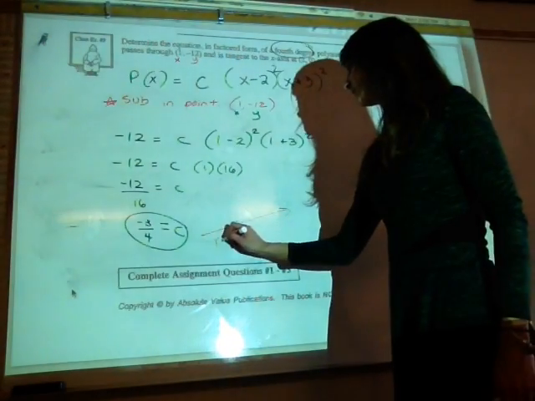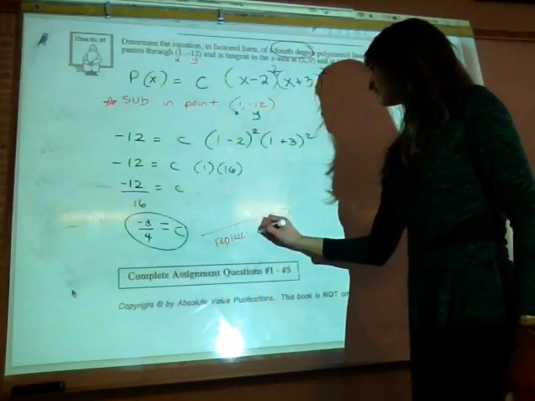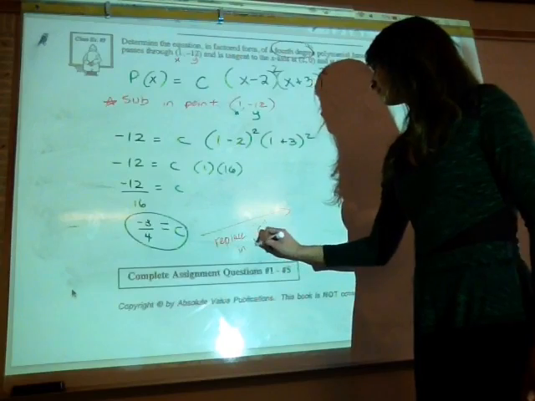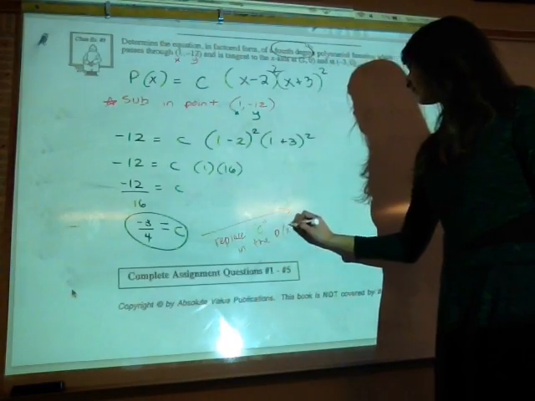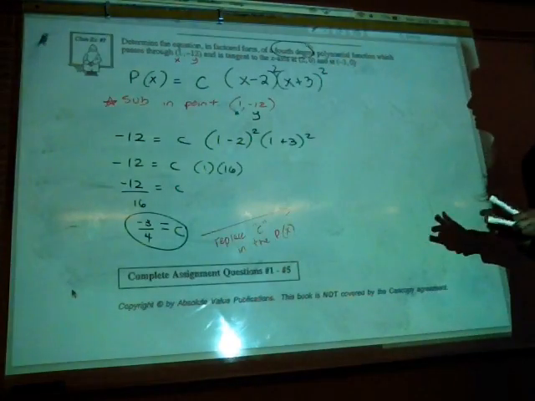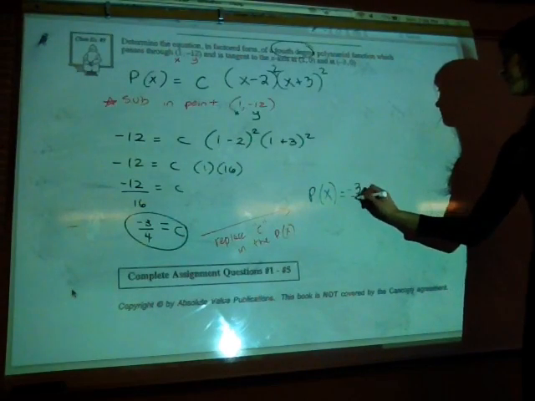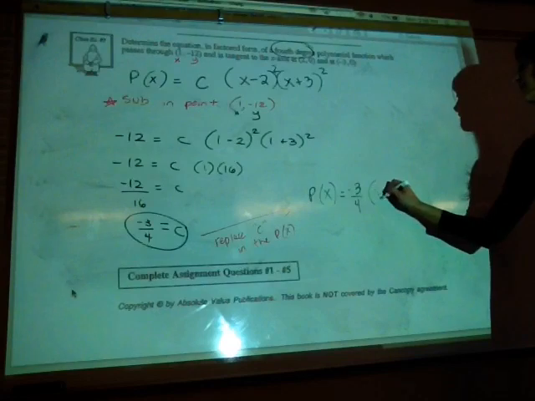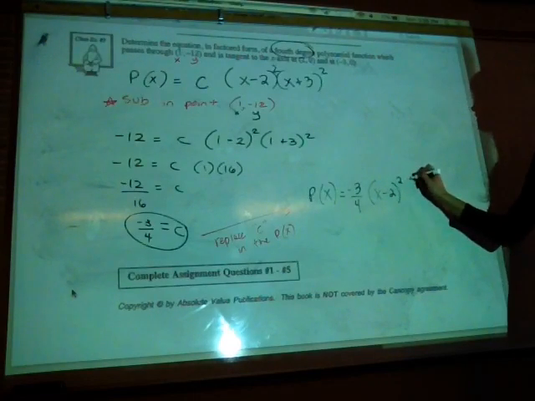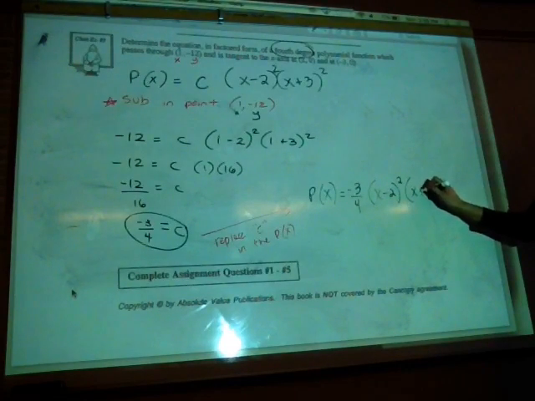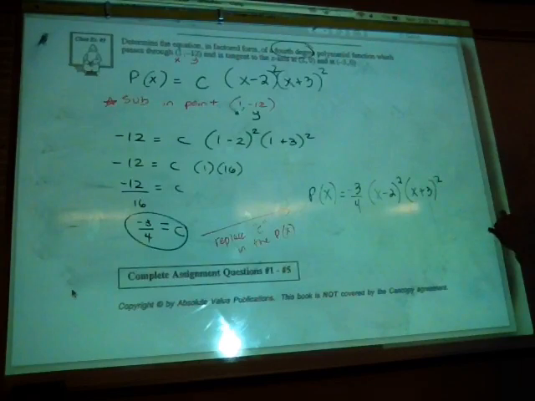So replace c in the polynomial. So we got p of x equals negative 3 over 4 times x minus 2 squared times x plus 3 squared.